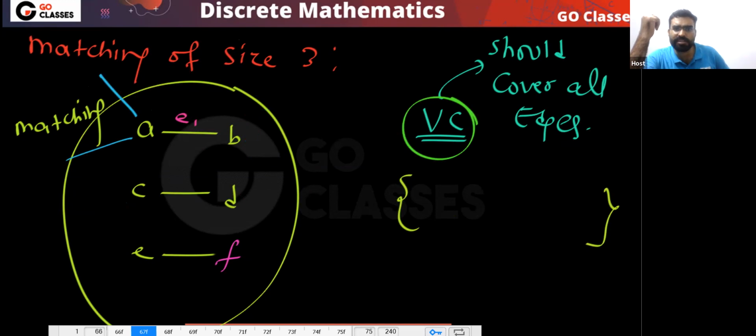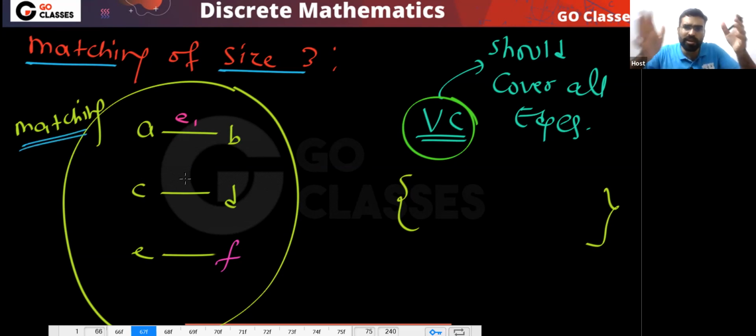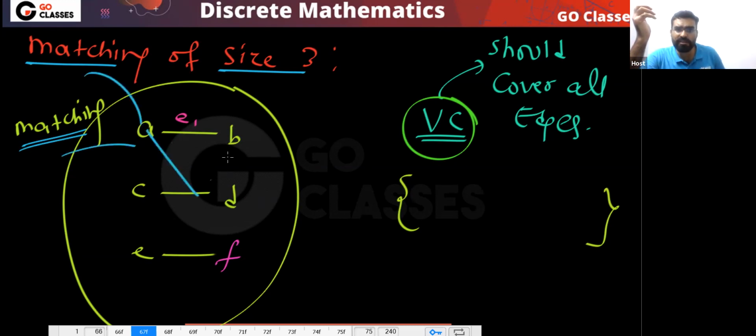Let us assume you have a matching of size 3. This is your matching. In your graph, you can have other vertices and other edges. Your graph can have anything. So this is your matching.